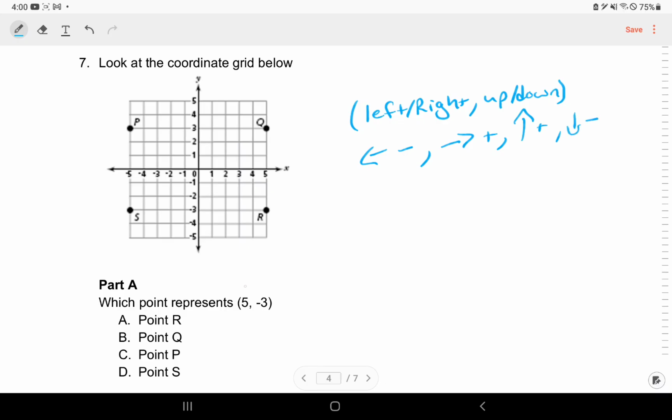So we're going to go right 5, down 3. So 1, 2, 3, 4, 5, 1, 2, 3. And so that's point R.